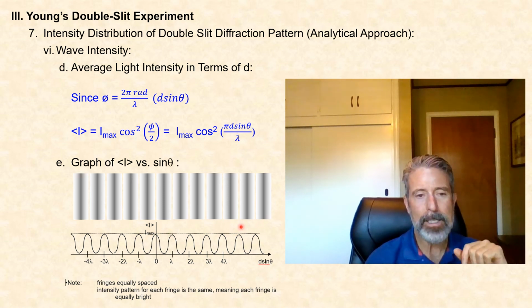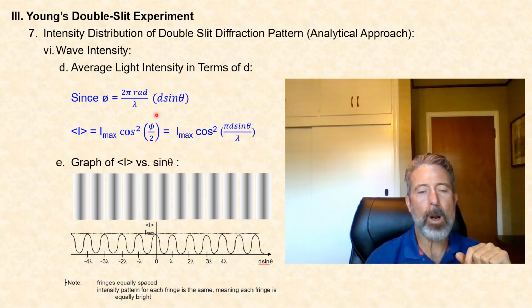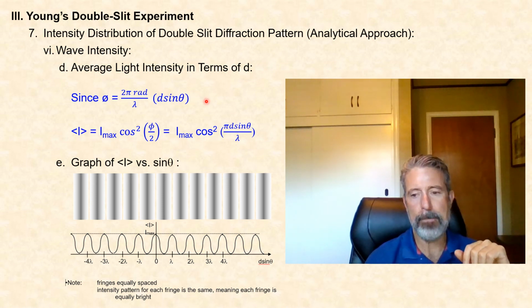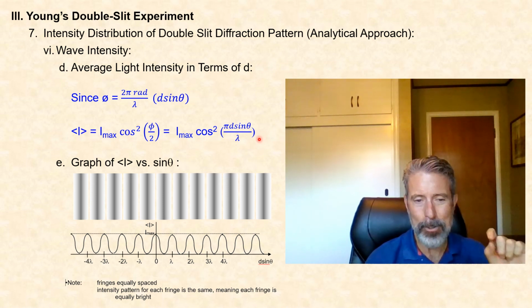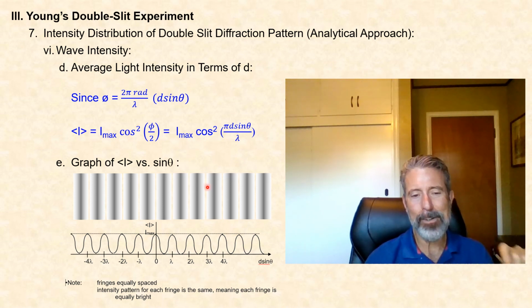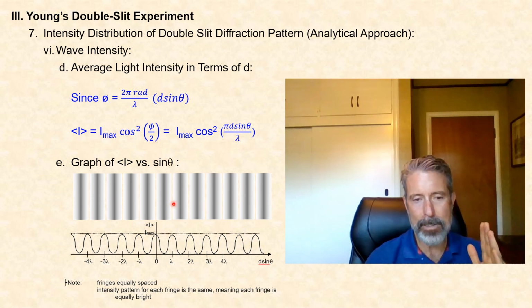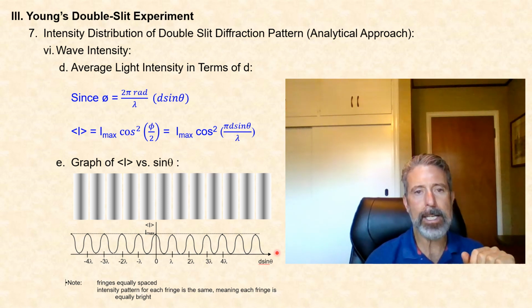So this function describes this changing intensity pattern for the fringes that we see on the screen. It took us a little bit to get there, but now that we're there, you can see how the brightness of these fringes is not constant, but changes with position d sine theta on the screen.